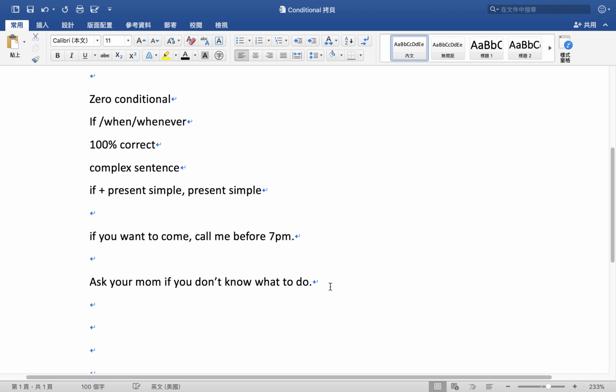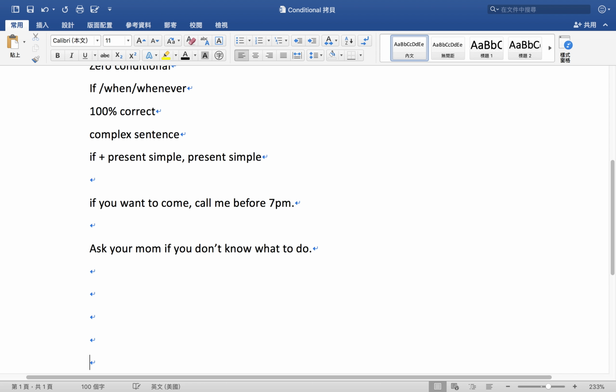Also, like a complex sentence, if the dependent clause comes first, you need to add a comma between the two clauses. This is also a zero conditional sentence.